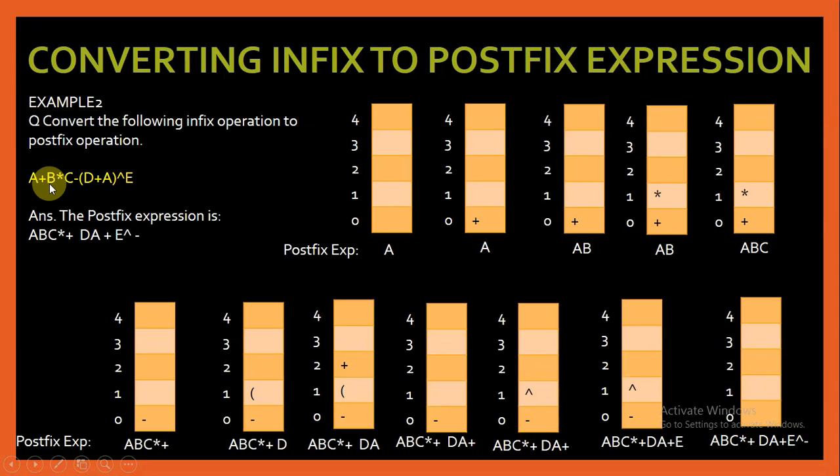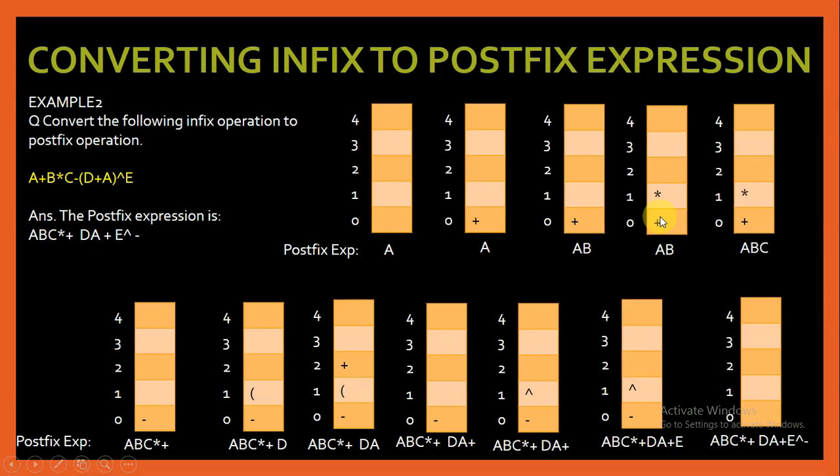Now the next scanned symbol is B. B again is an operand, so this will be added to the postfix expression. You can see here, and this is the content of the stack. Now the next scanned symbol is the multiply sign. So we will first check the priority of the stack. The topmost symbol present in the stack is plus, and the multiply sign has more priority than plus.